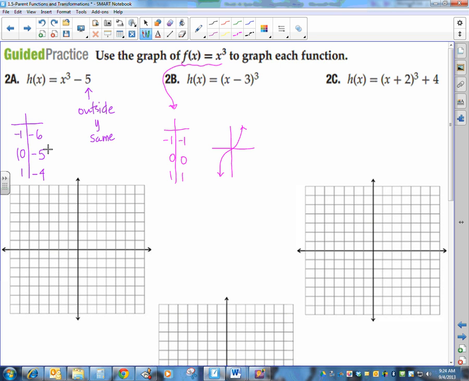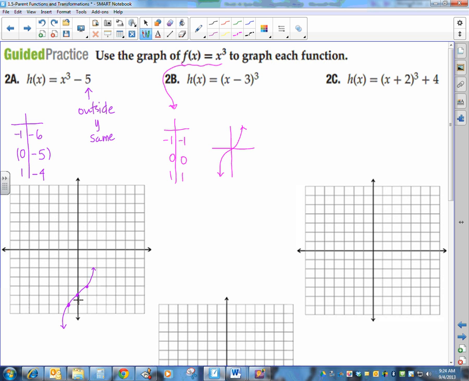Keep in mind, this is like that center point of your graph. We've moved it from 0, 0 to 0, -5. And then I had -1, -6, and 1, -4. And then we do our best to make it that shape. Okay, I'm going to let you get away with that.